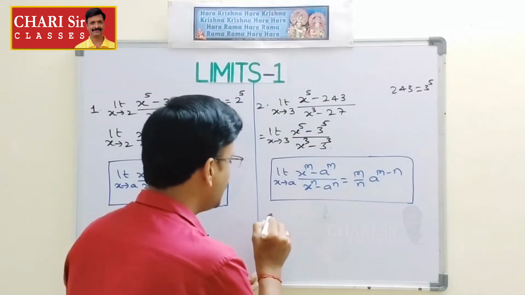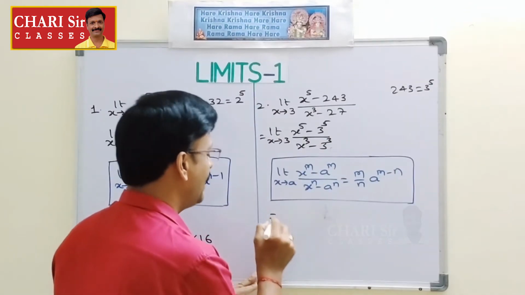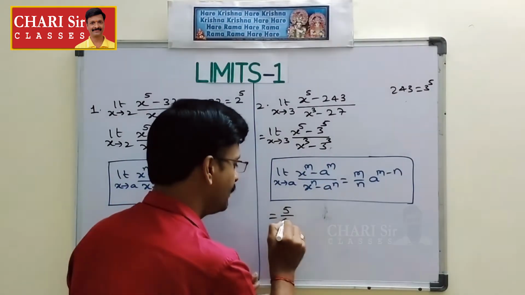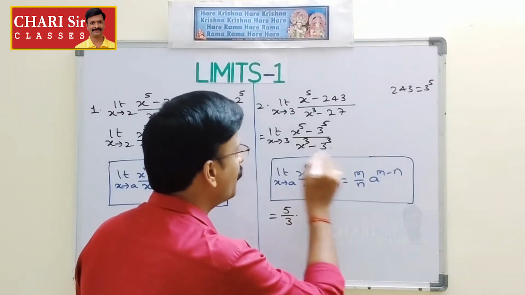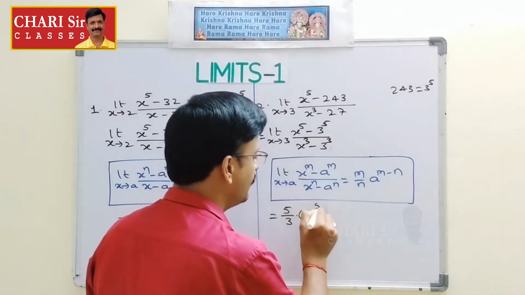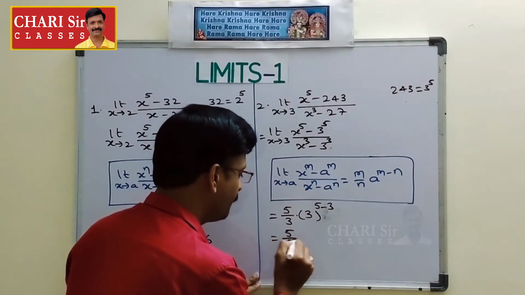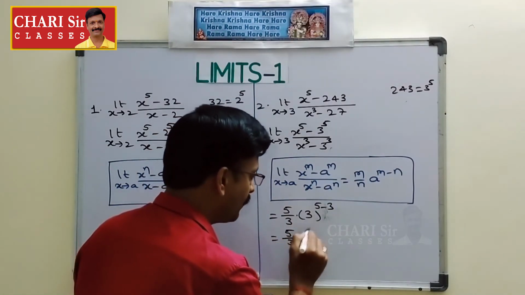Here, m value is 5, n value is 3 and a value is 3. Write 5 by 3 into a to the power of m minus n. A means 3 here, 3 to the power of m minus n, that is 5 minus 3. So that is 5 by 3 into 3 to the power of 2.